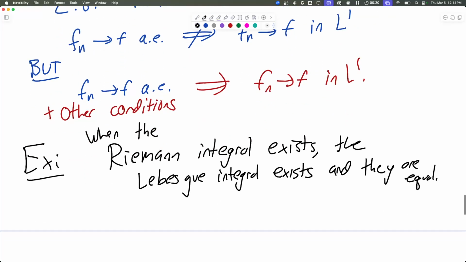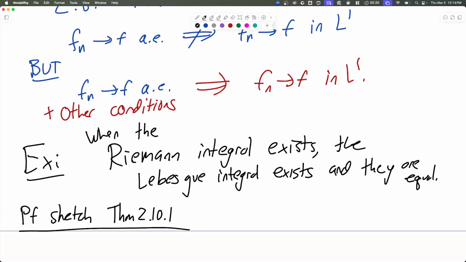I'm not going to give you the full proof, but a proof sketch, and I have it written down, so you can go read this exact proof once we've finished this chapter. It's in Theorem 2.10.1, so we're not going to do it.